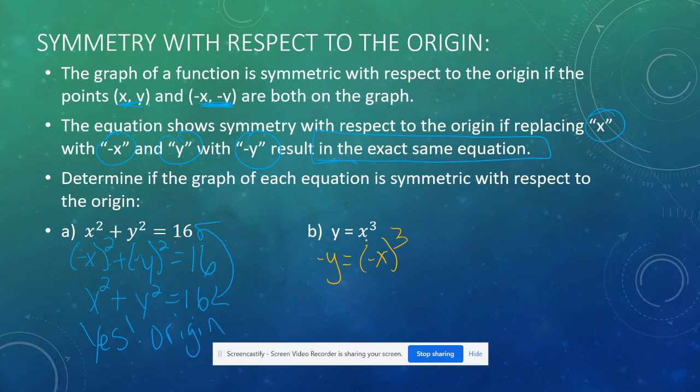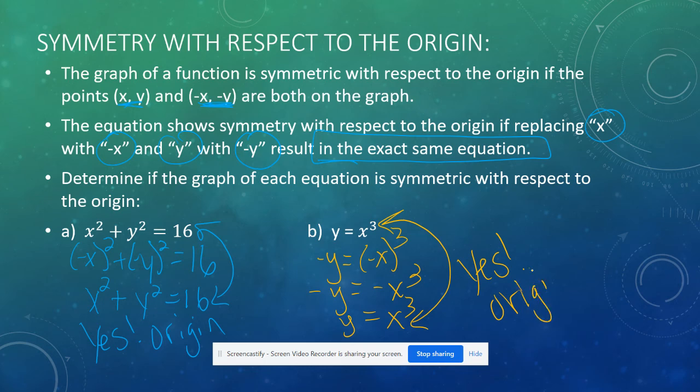Because the x is to an odd power, it'll stay negative. And then when we simplify this, because both sides are negative, we divide by negative 1. And I look again, and they're exactly the same. So yes, this has origin symmetry.